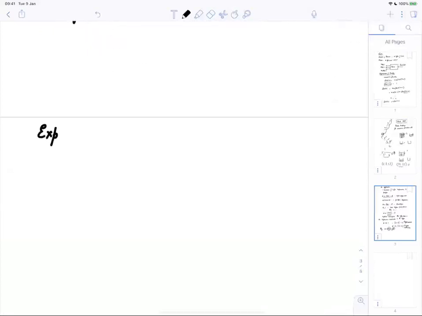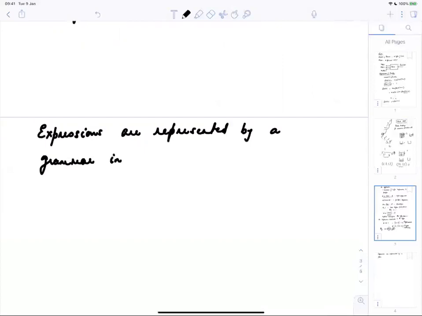Expressions in a language, although this is outside the scope of this course, you will be doing it in your compilers course, are represented by a grammar in a language, as I had discussed earlier.